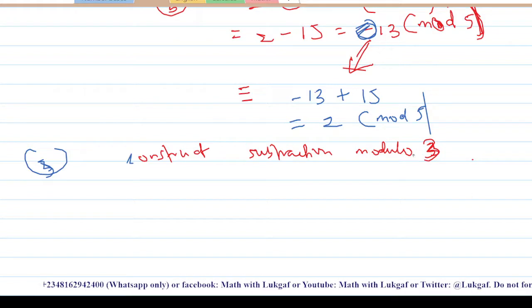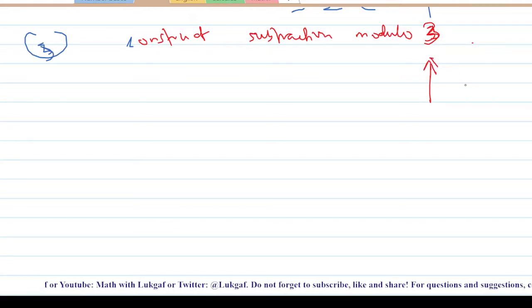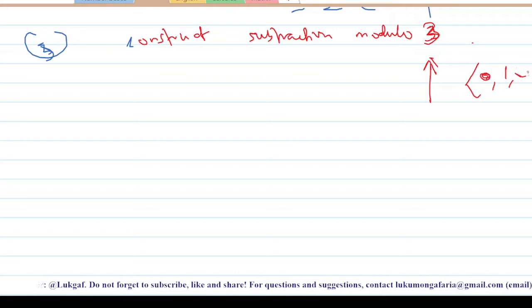So don't forget how I did that in the case of addition. We are working modulo 3, so my residues are 0, 1 and 2, right? So then you are going to write that in the table.